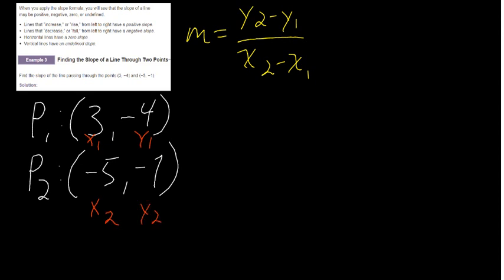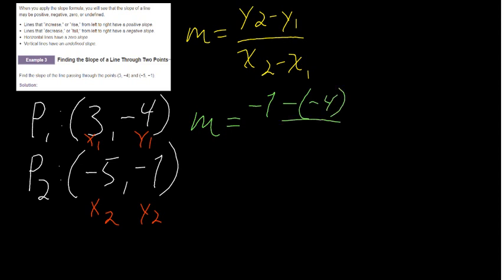So when we fill in this particular equation, we're going to say m is equal to y2 minus y1. y2 is -1, and it's going to be minus a -4, so make sure we put parentheses there, and it looks kind of awful.